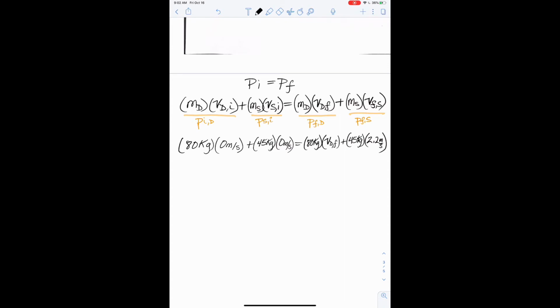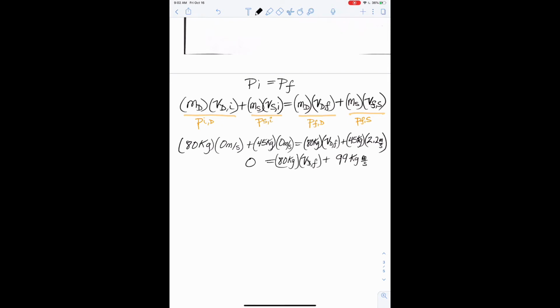All right, so let's go ahead and simplify the left side. This is just going to be 0. We'll set it equal to 80 times VDF plus 45 times 2.2, which is 99 kg meters per second.